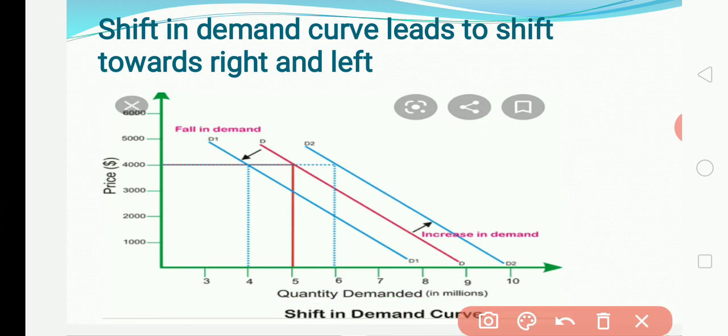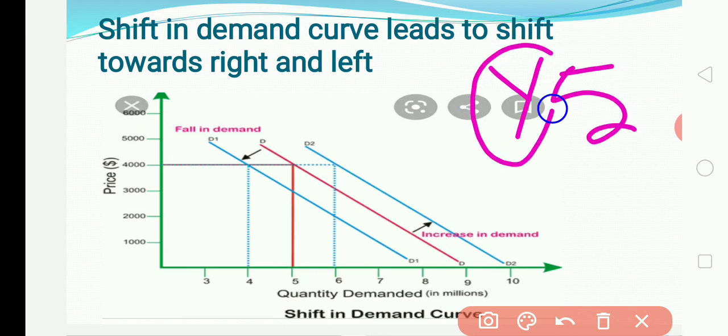Now, when the income was 5,000, income is represented as Y. When the income was 5,000, the consumer demand will be less. When the income increases to 50,000, the demand will be increased.